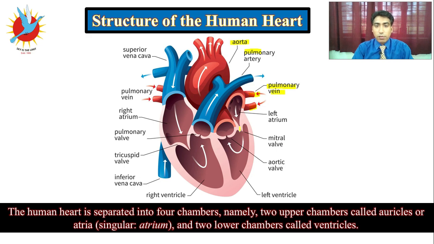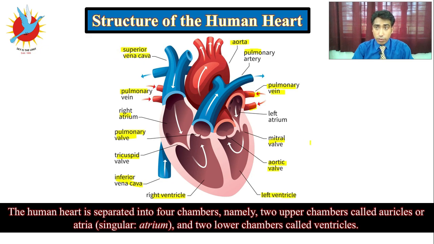This is the mitral valve. This is the aortic valve. This is the left ventricle, right ventricle, inferior vena cava, tricuspid valve, pulmonary valve, right atrium, pulmonary veins, and superior vena cava. These are the important parts of the heart.